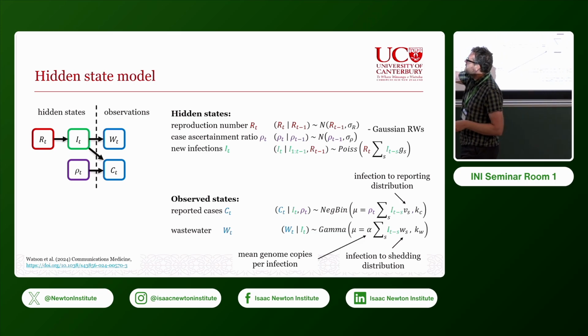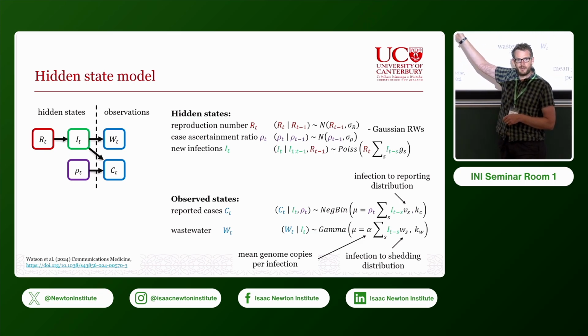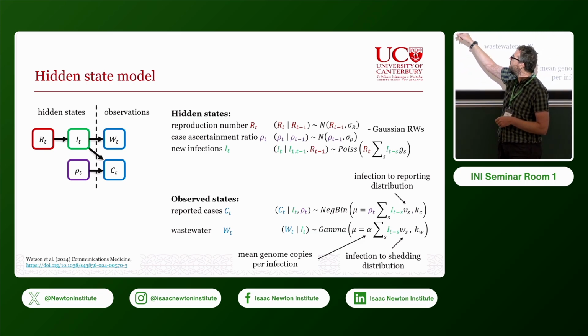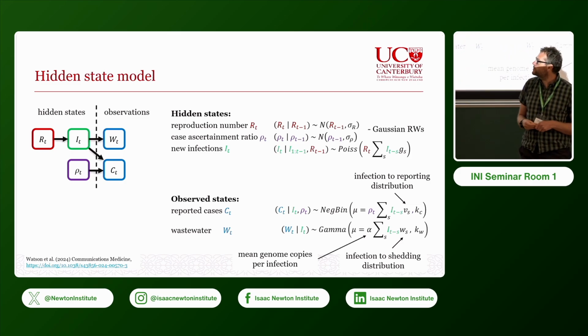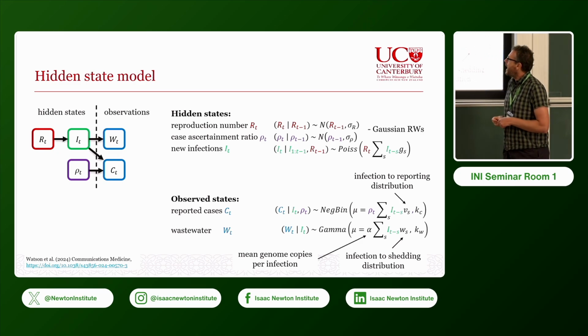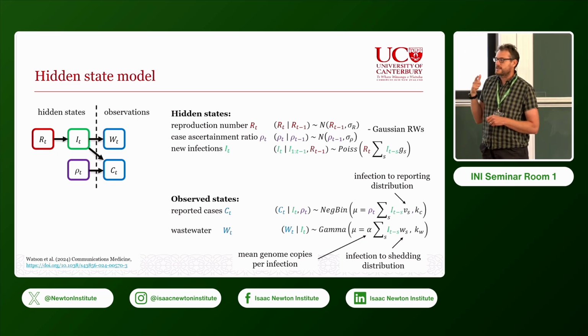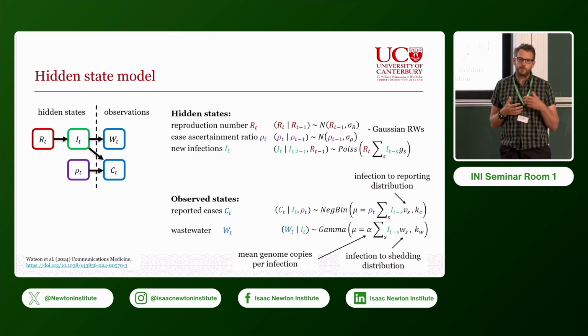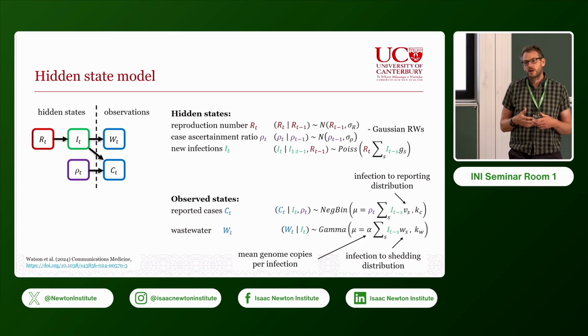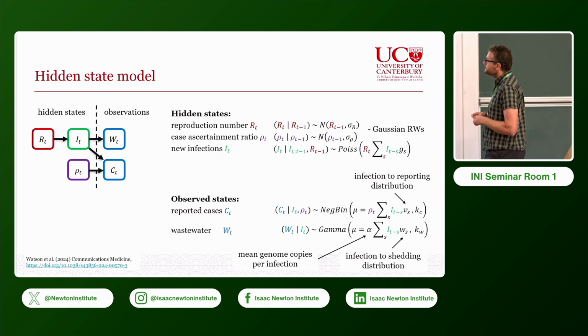So the usual thing that many people will be familiar with for reproduction number estimation, we've got a hidden state for the reproduction number, we've got a hidden state for the number of infections, that's the green box, and then we added an additional hidden state, which is the case ascertainment ratio, so the proportion of infections that are being reported as cases.